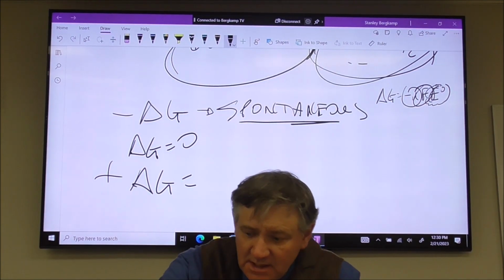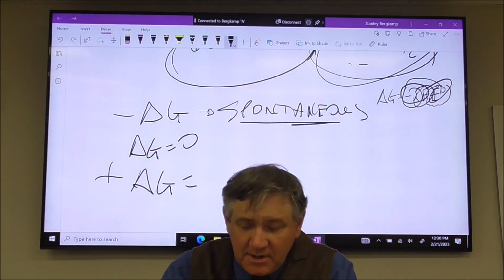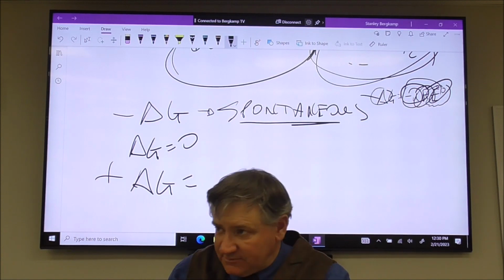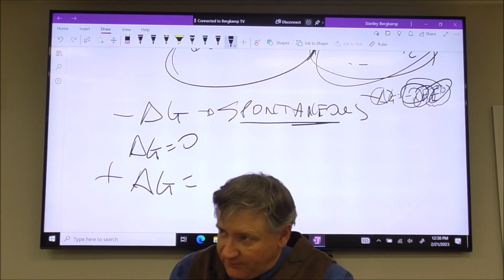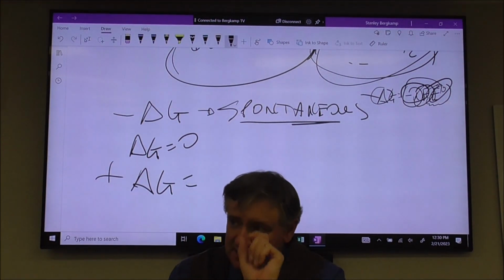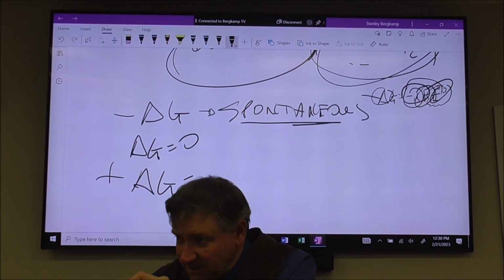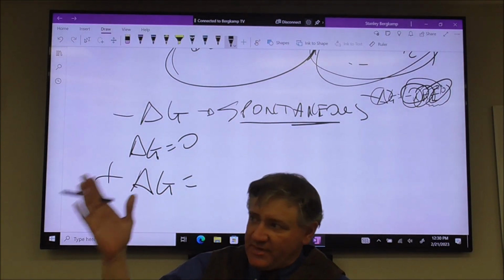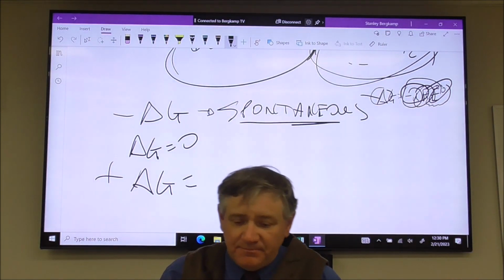Spontaneous. So if I have an E naught value that's positive, I'm going to multiply that by a negative, and I'm going to end up with a negative delta G. That's why that negative sign is out in front of negative NF E naught. That negative is going to match up with a positive E naught and make Gibbs free energy a negative value. So that's why we have a random negative sign out in front of that equation.